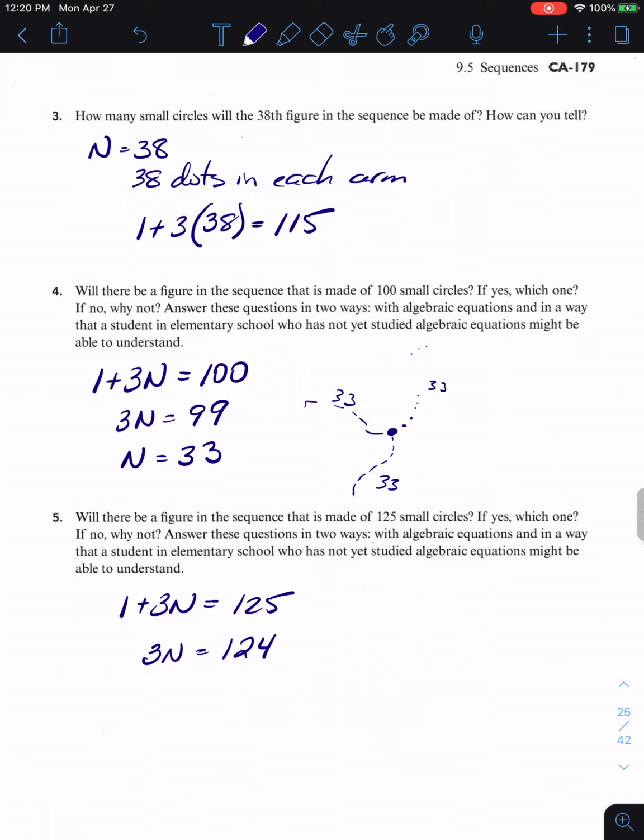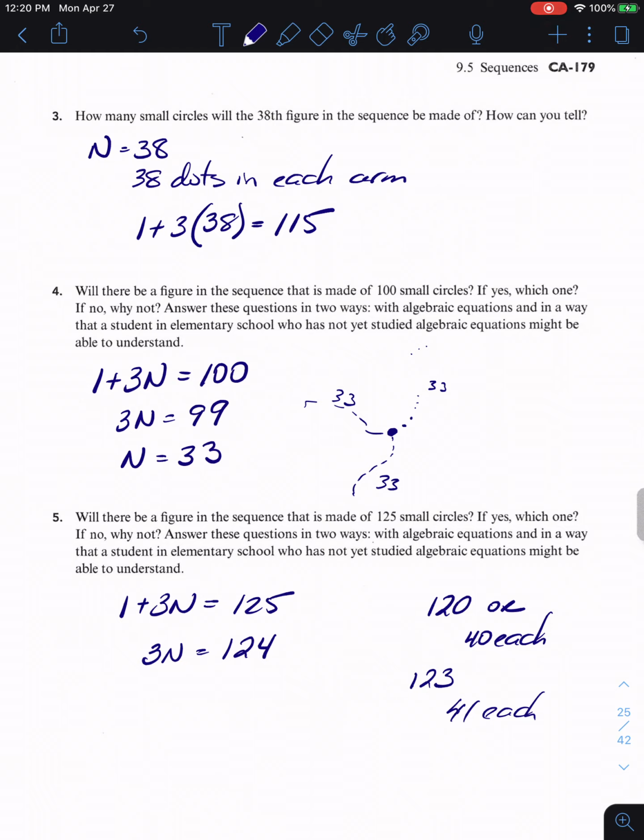Well, I know we can make 120, right? Because that would be 40 each, 40 long. Well, then we can make 123 too, because that would be 41 each. But in order to go from 123 dots to 124 dots, we wouldn't be able to do that, because then we would add 1 dot to one of the arms, but not the other 2. So it would not be part of that pattern.